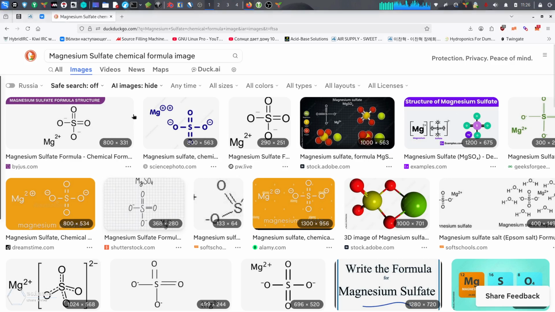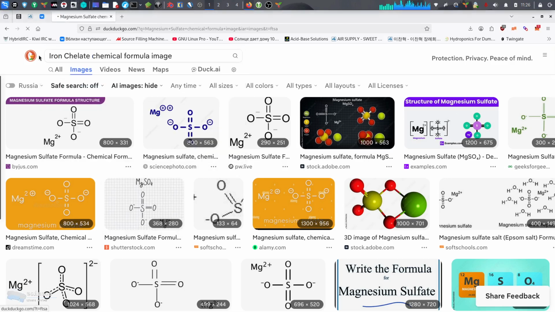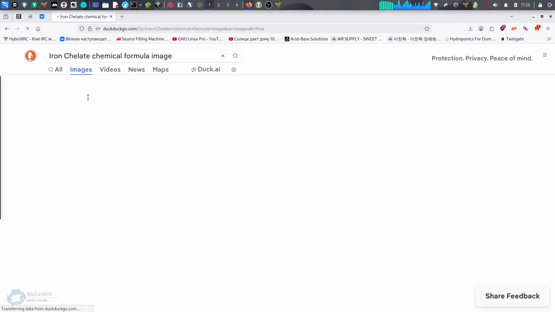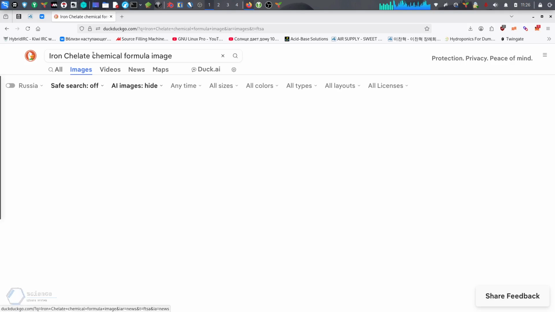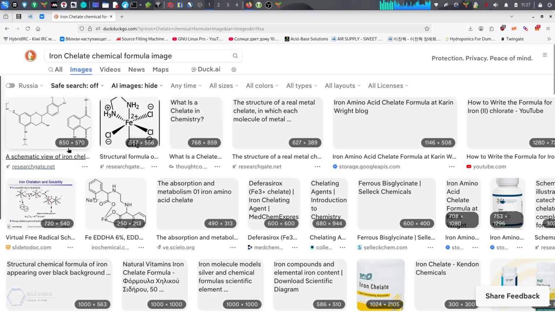Iron chelate. That's ferrum plus what? Plus carbon. Interesting. Schematic of, oh, this is big.